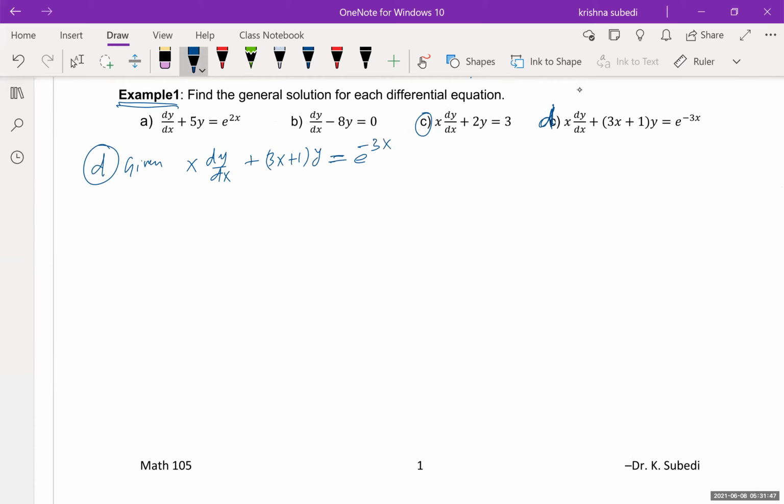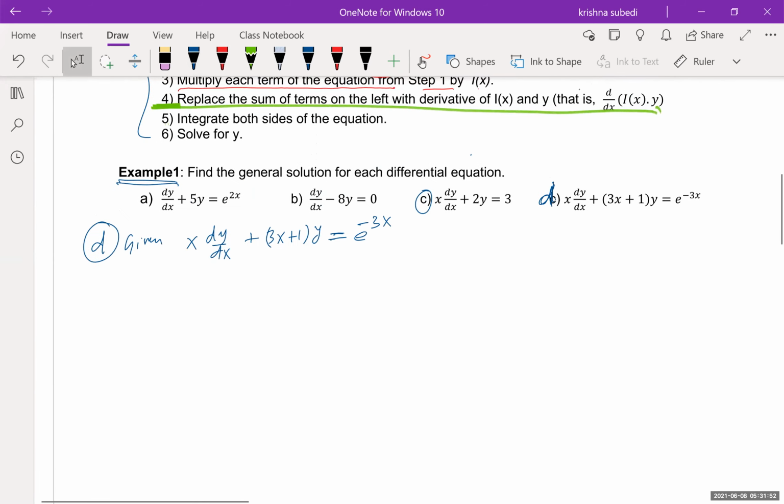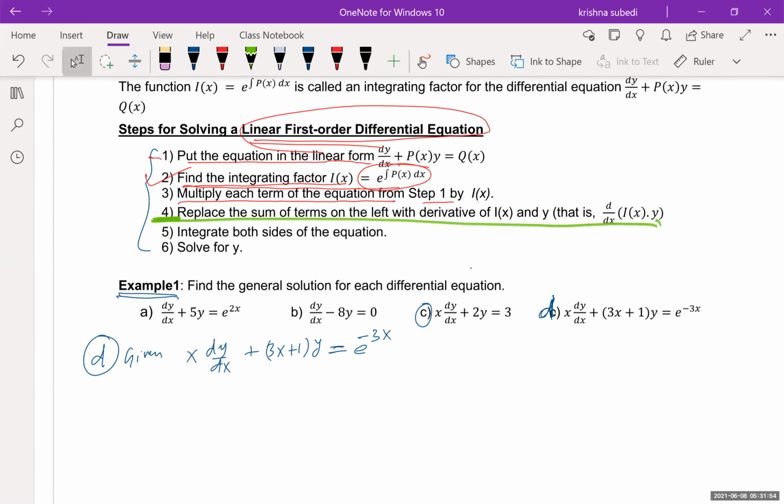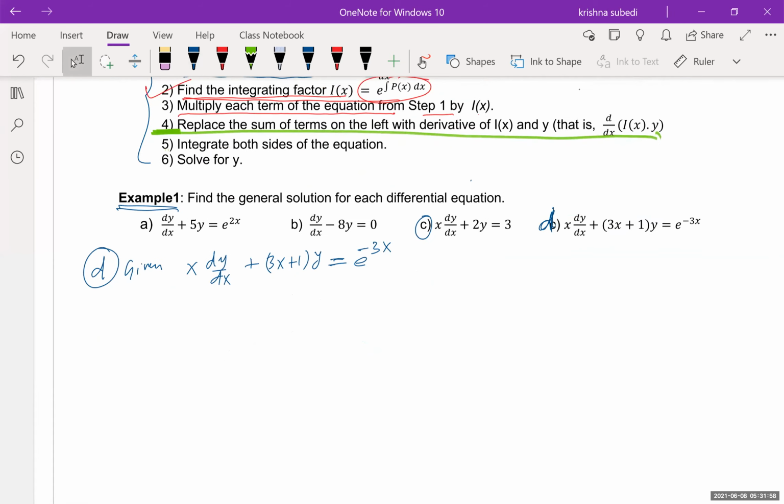So going back to the steps, step 1: first of all, you need to make sure that this is in the standard form. Put the equation in the linear form. The standard linear form is, remember, dy over dx plus py equals q. Now notice that here the coefficient is 1, but here there is x. It's not in the standard form.